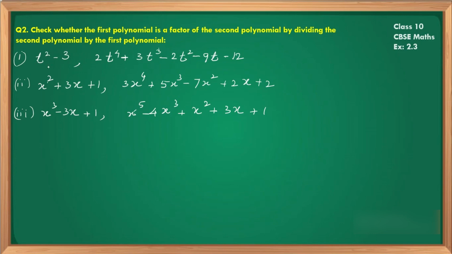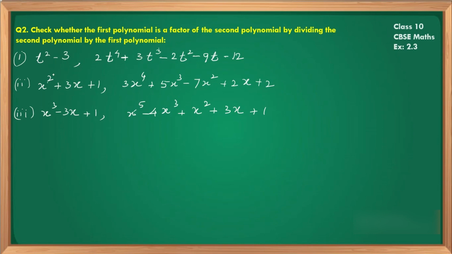In this case, t square minus 3 is the first polynomial and the other is the second polynomial. The question says, divide the second polynomial, that is this polynomial, by the first polynomial. And then they ask whether this is a factor of the second polynomial.